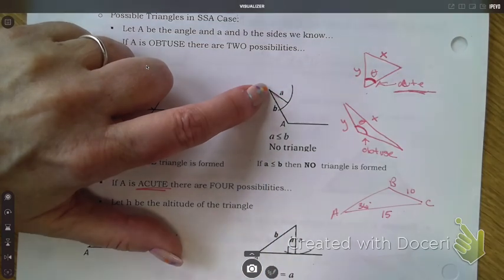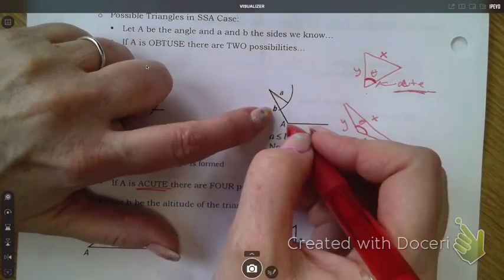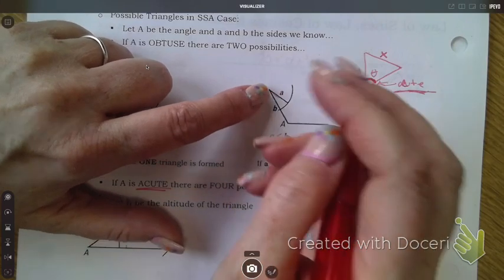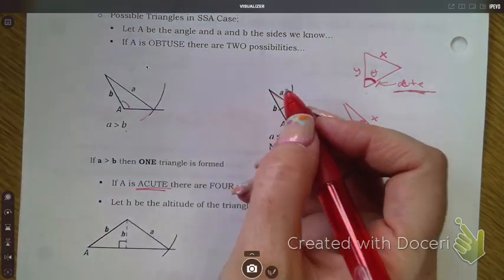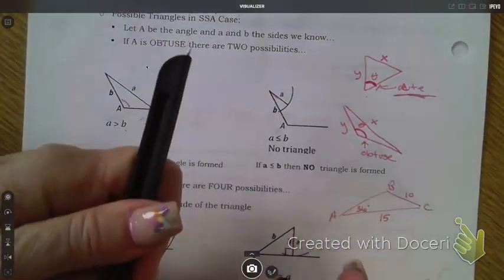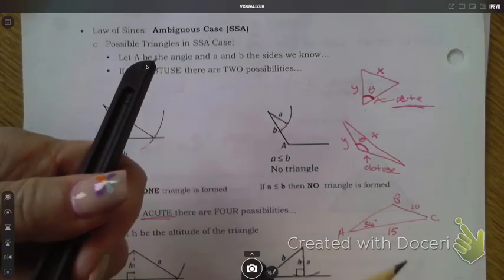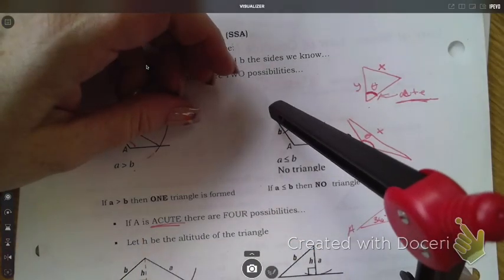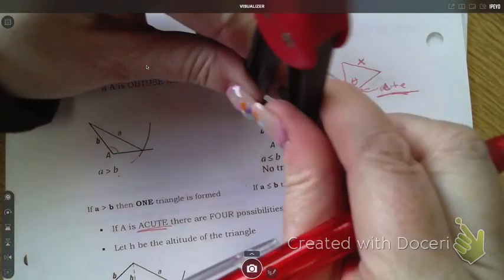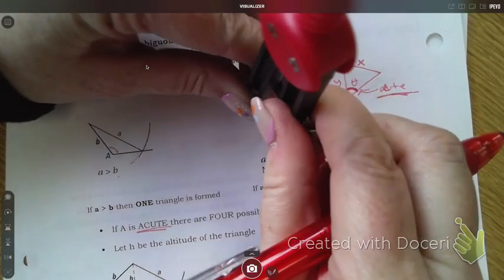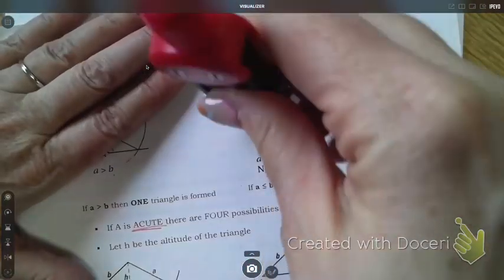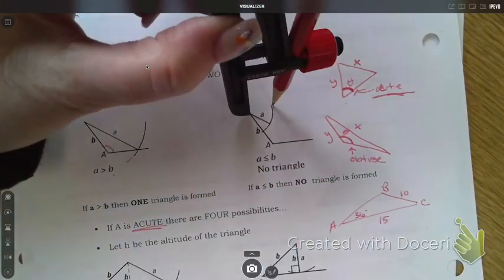When you construct a triangle, you have a side, you adjust your compass to your side length, you put it here. And so if the side length I had doesn't intersect the bottom, then there's no triangle.